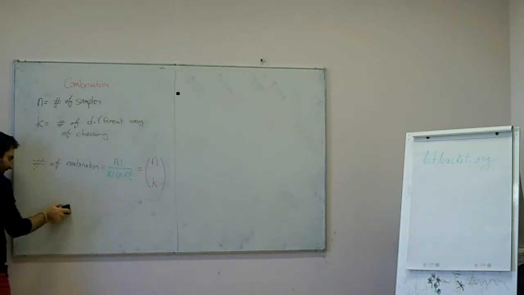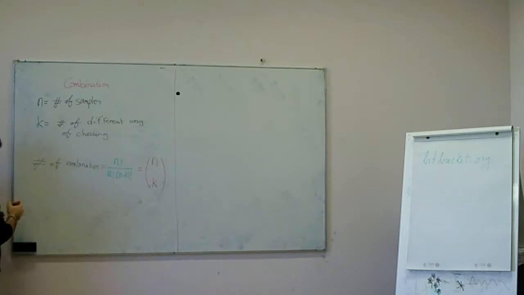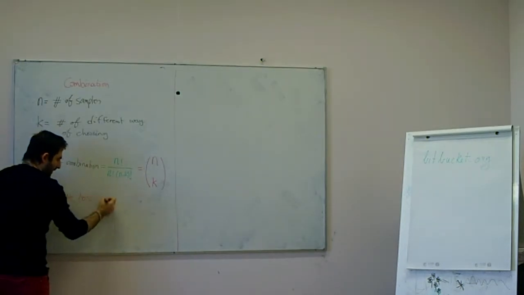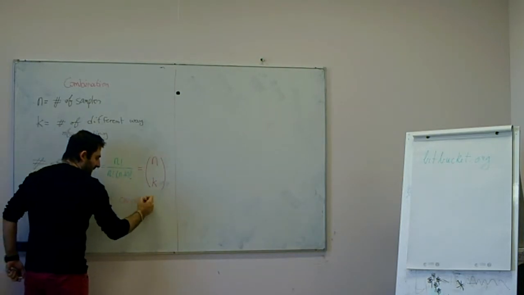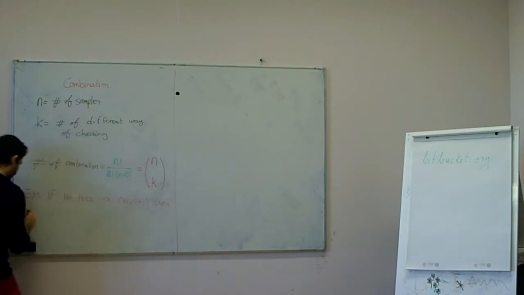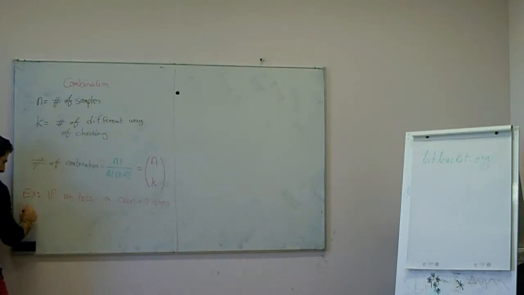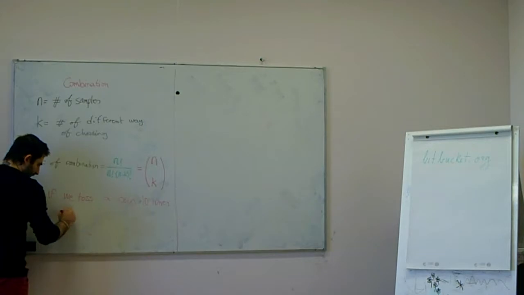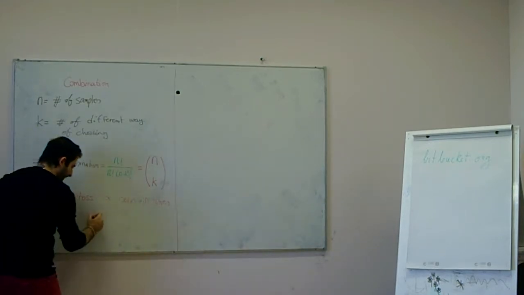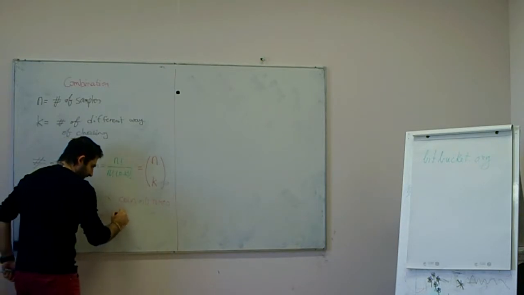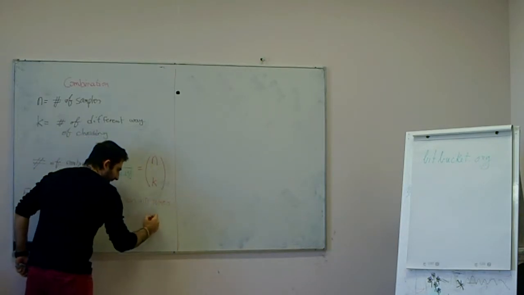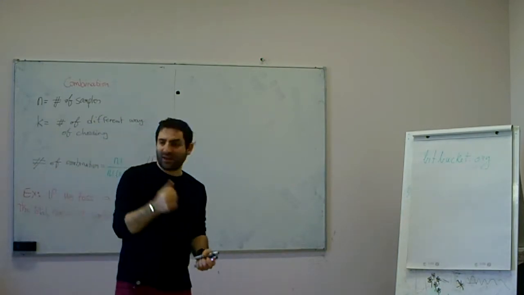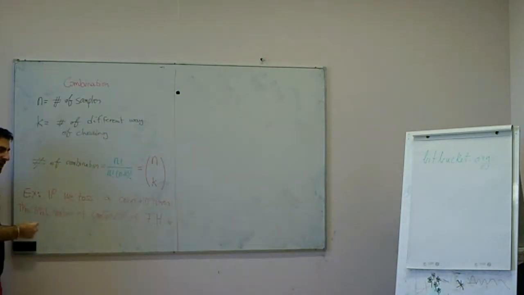For instance, if we toss a coin 10 times, the total number of combinations of 7 heads is, the question says, how can I have 7 heads if I am tossing a coin 10 times?